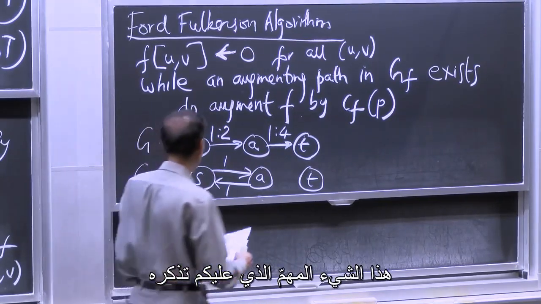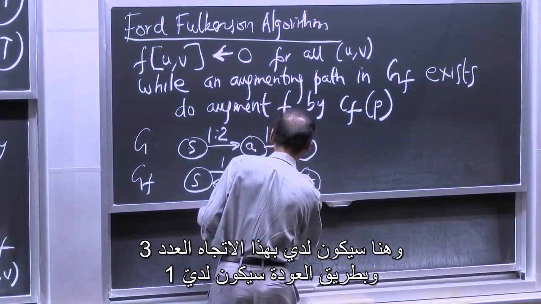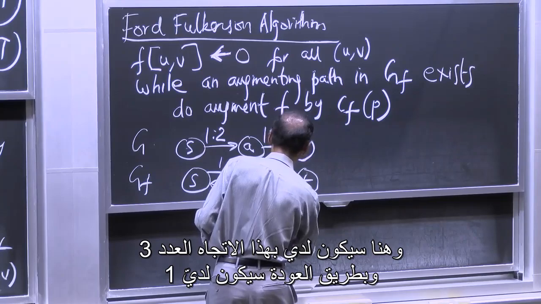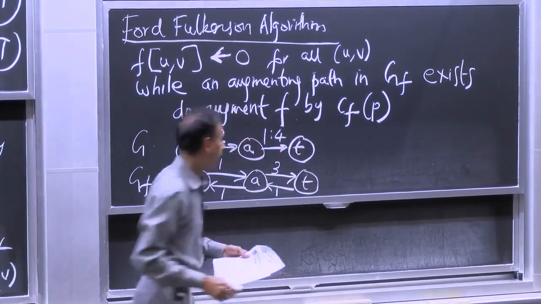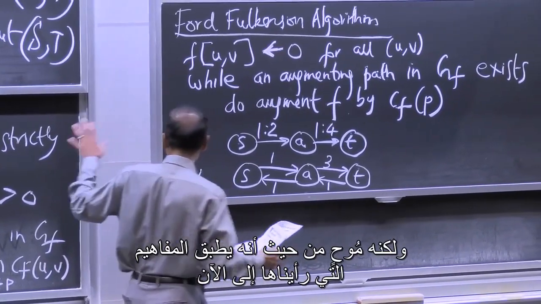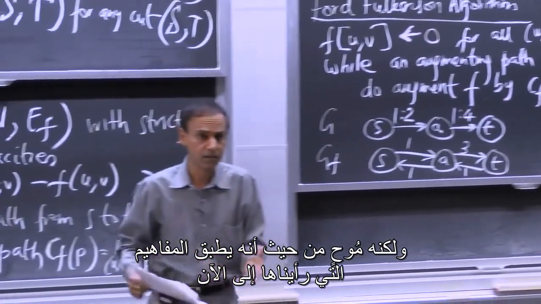That's the important thing to remember. And over here, I'm going to have, this way, 3, and coming back, I'm going to have 1. All right? So, straightforward example, but I think evocative in the sense that it applies the concepts that we've seen so far, other than cuts, and we'll get to that.